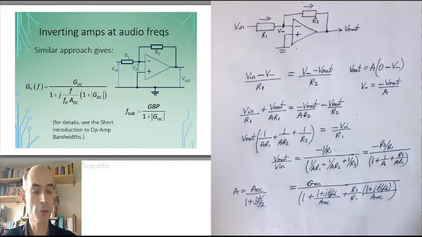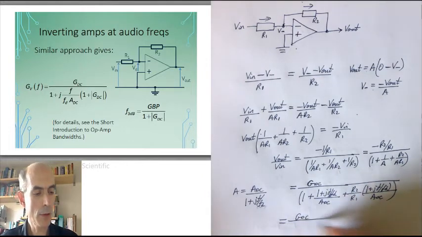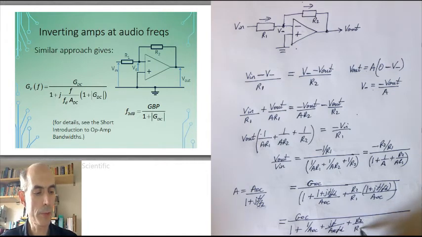Expanding these terms a little gives me GDC over 1 plus 1 over ADC plus j f over ADC times Fd, plus R2 over R1 times 1 over ADC, plus R2 over R1 times j f over ADC times Fd.